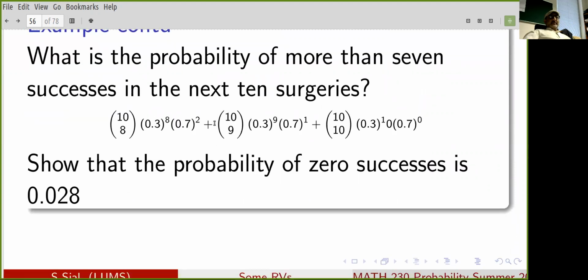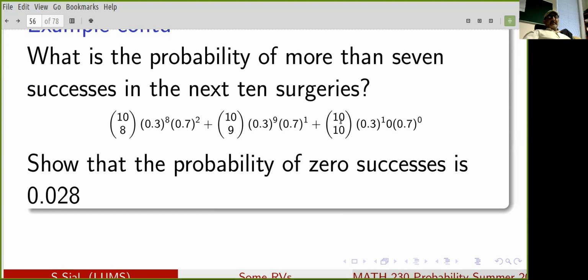The next one is 9 successful surgeries, 10 choose 9. You have to pick 9 places in which to put your successes. The probability of 9 successes is 0.3 to the 9, and the probability of 1 failure is 0.7 to the 1.